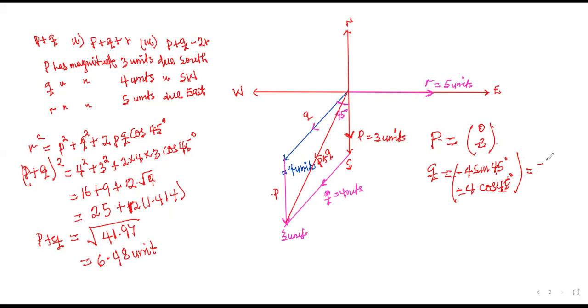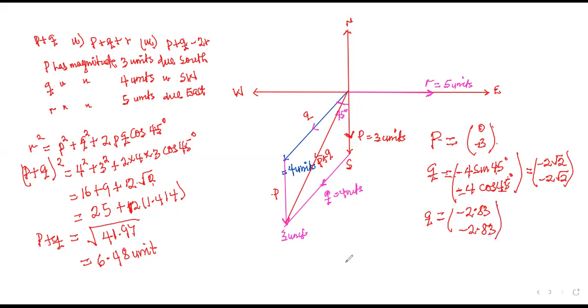So this is minus 2 root 2, and this is also minus 2 root 2. What is 2 times root 2? In decimals, sir, please, 2.83. So minus 2.83, minus 2.83.